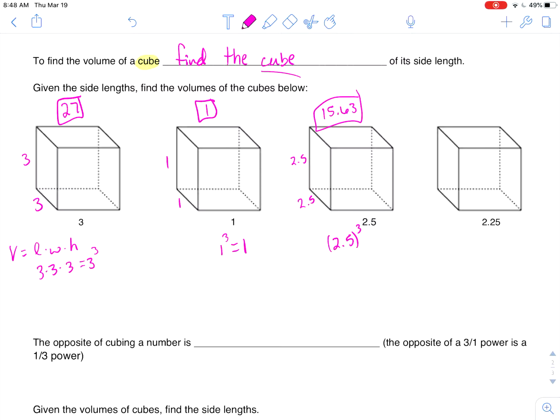Instead, we'll have 15.63. And last but not least, 2.25 cubed gets me 11.39. Alright, so given the side length, to find the volume of a cube, cube the number, or take it to the third power.